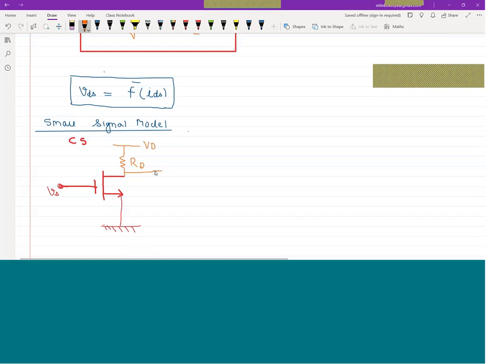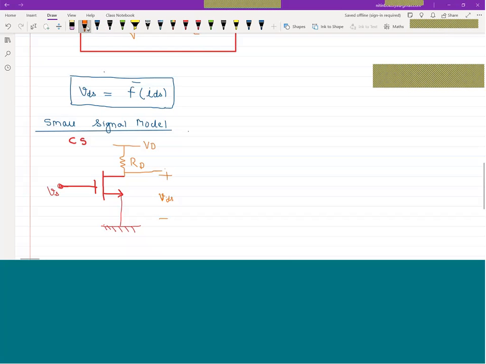Like BJT, there we took it from the collector. Now we are taking output with respect to ground, VDS. So let's draw this first.